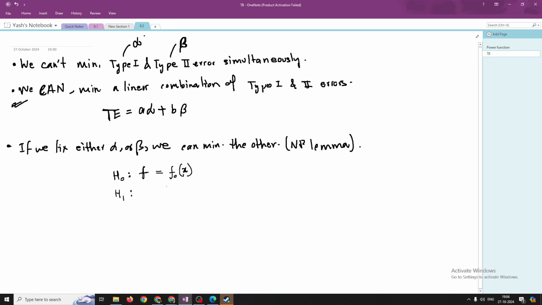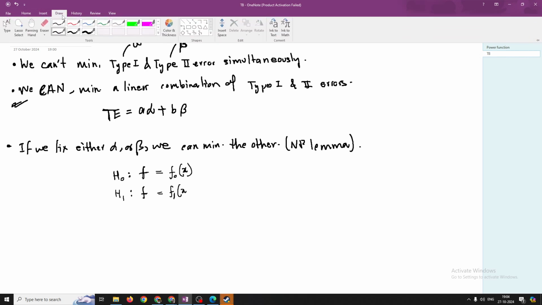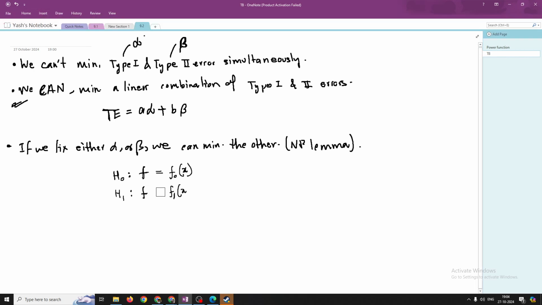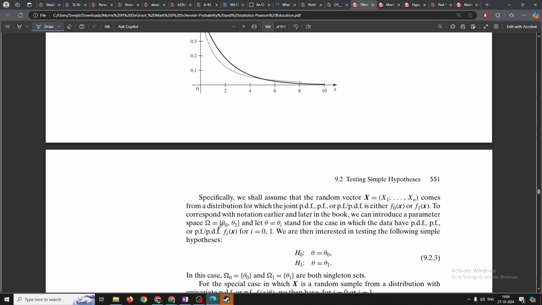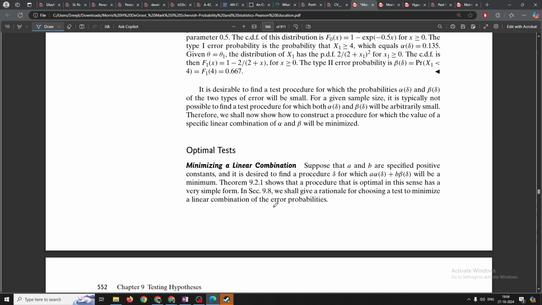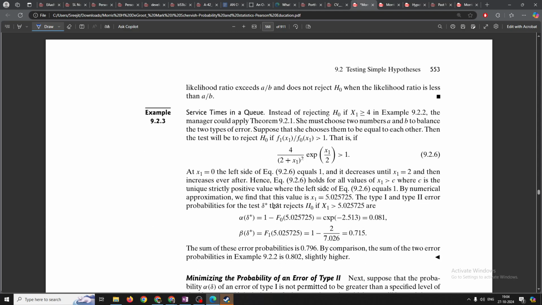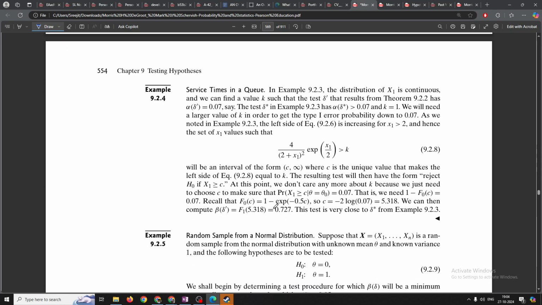And under the alternative hypothesis you say that it is not f naught of x, it is f1 of x. Okay, it is not a good idea to use this notation. Wait, what did they use in the book?